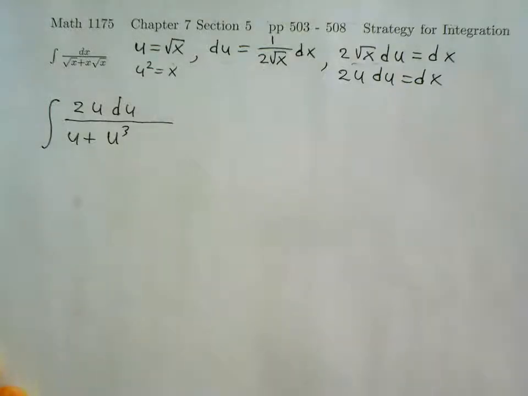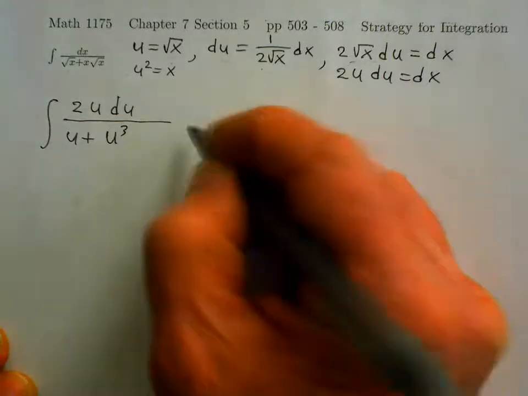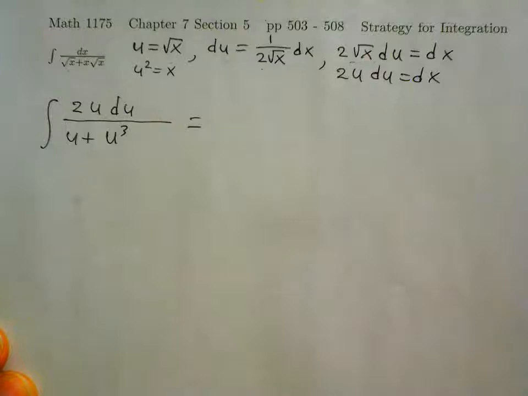Okay, what should we do now? So now we remember one of those steps in the integration strategy: simplify the integrand if possible. Both the numerator and denominator have a common factor of u.